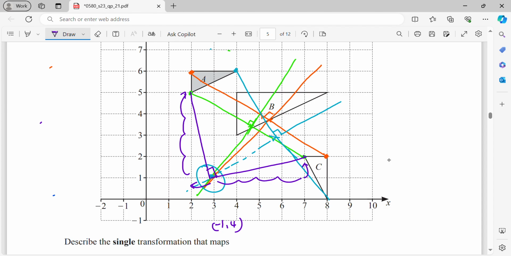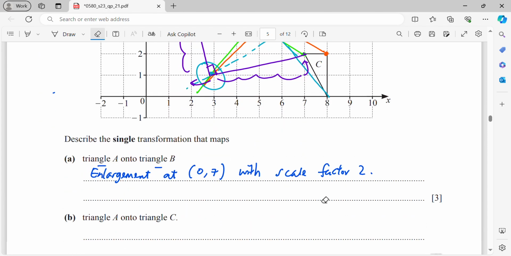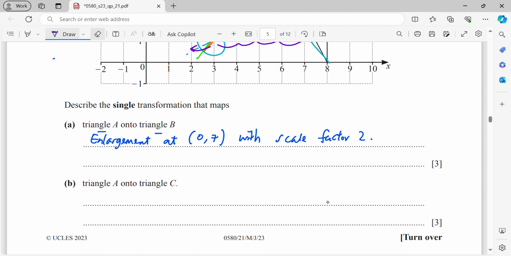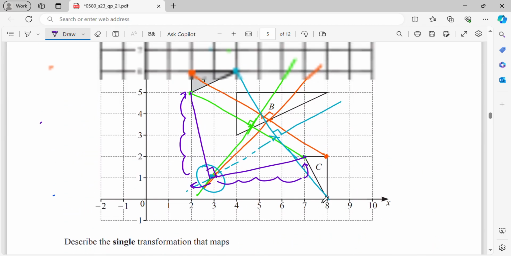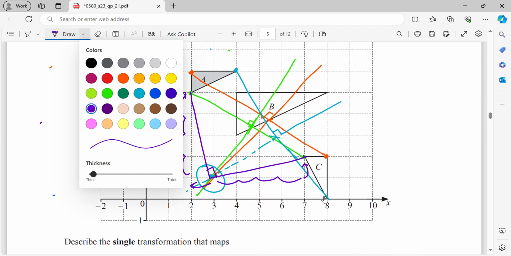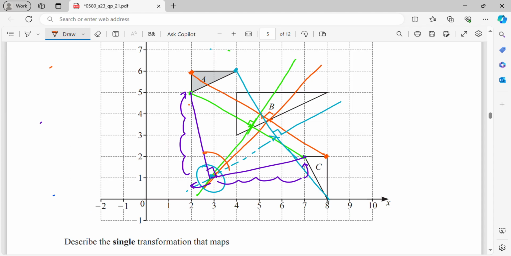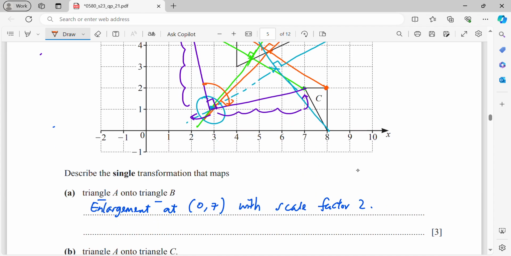So it means that that is the 90 degrees. Okay, and then you remember we map the A onto C. So A onto C, all right? That means it is A onto C. So this is clockwise direction. So I know that the rotation center is at 3, 1.